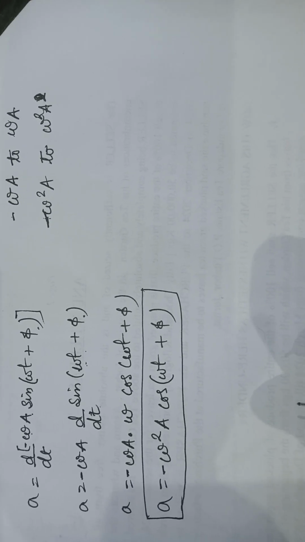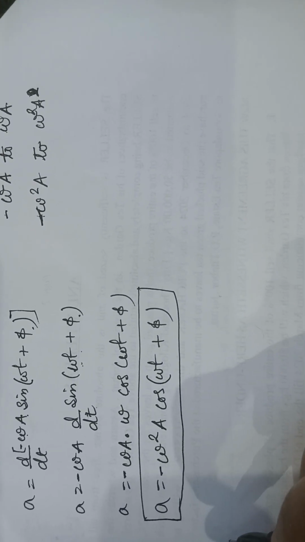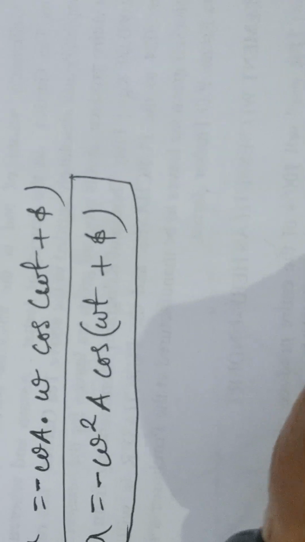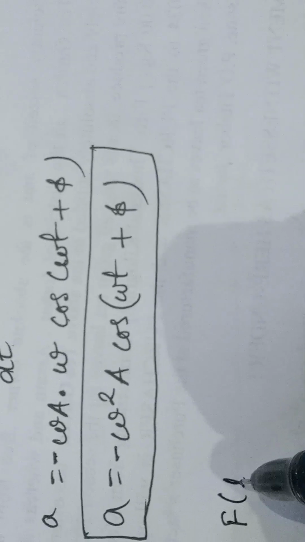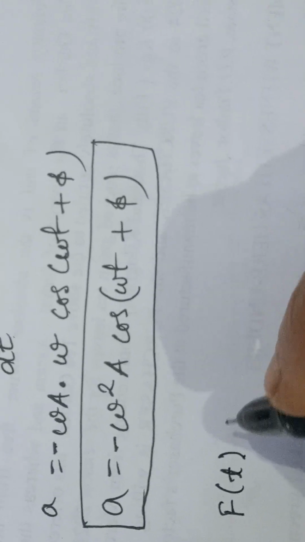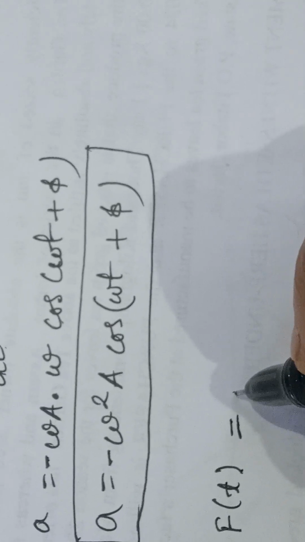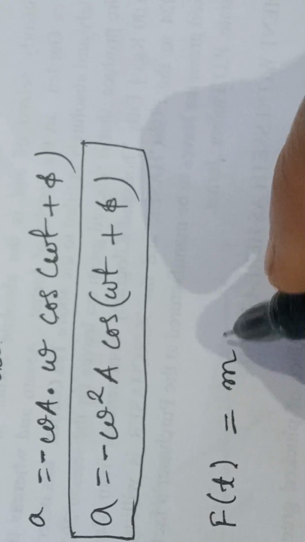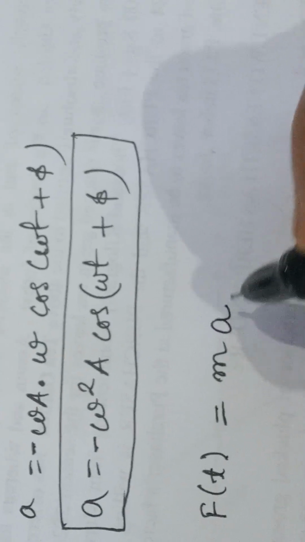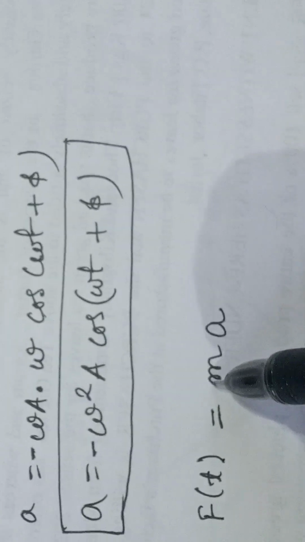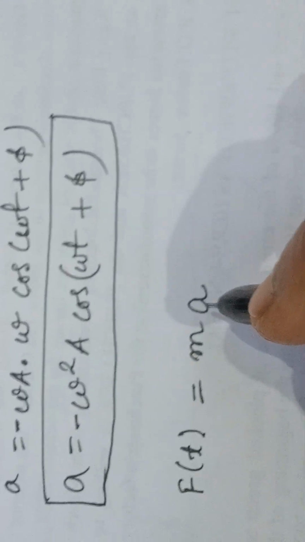So if force acting on the object or a particle varies with time t, then a particle with mass m accelerates, isn't it? So if force is time varying, then the oscillating particle accelerates.